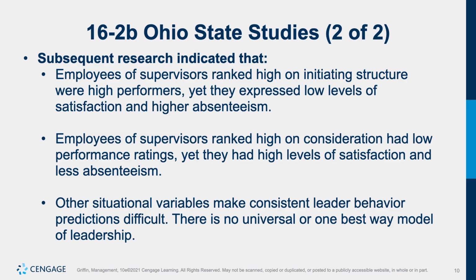But in having low performance ratings, they equally had high levels of satisfaction and less absenteeism, right? So you find out that other situational variables make consistent leader behavior predictions difficult, in the sense that there is no universal or one best way model of leadership.